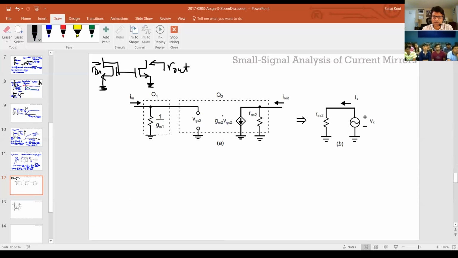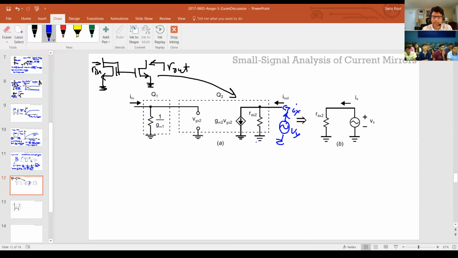And you do the same thing again. You take the output transistor and draw the equivalent small signal model, which is this, right? And you do the exact same experiment again, where you put a voltage source here, some voltage source VY, let's say, with respect to ground, and you find out what your IY is.